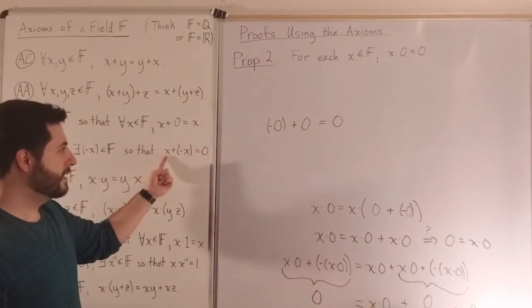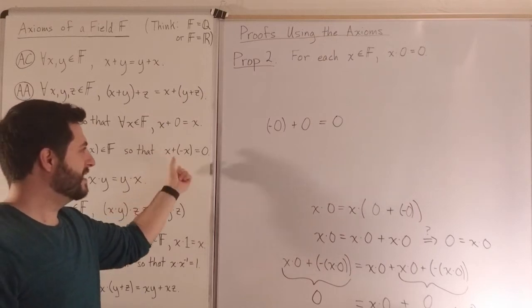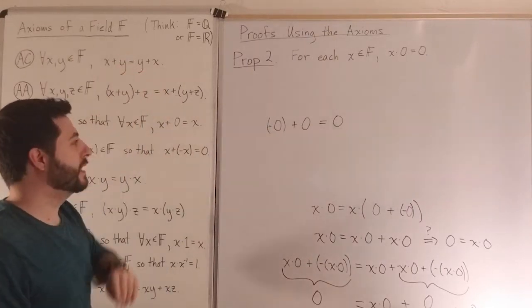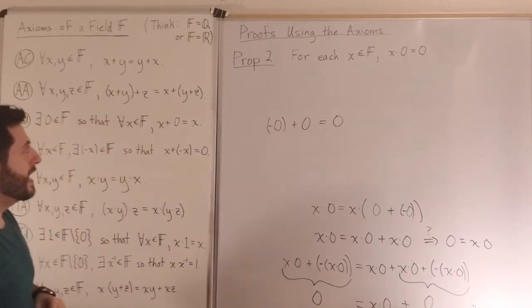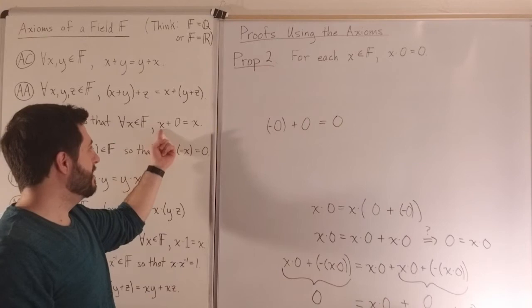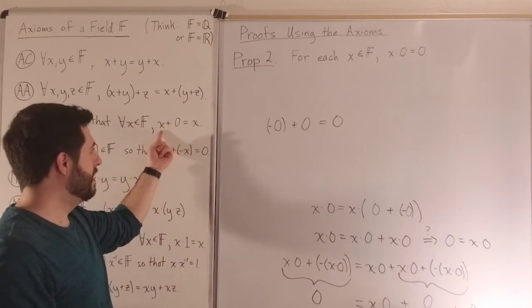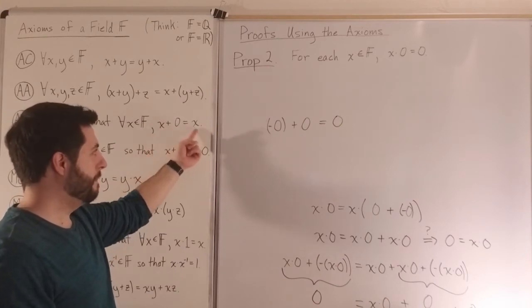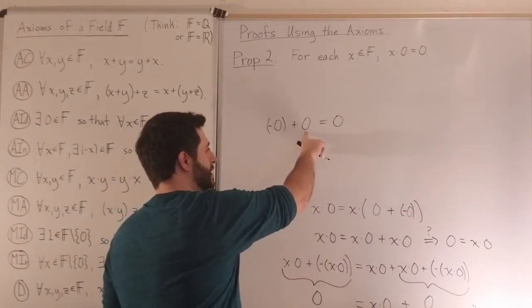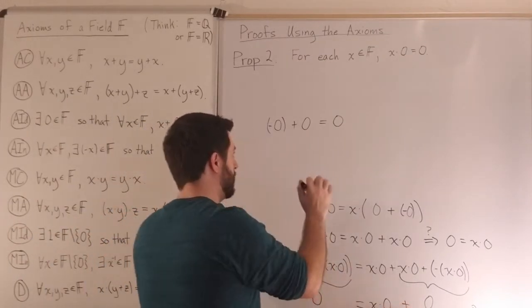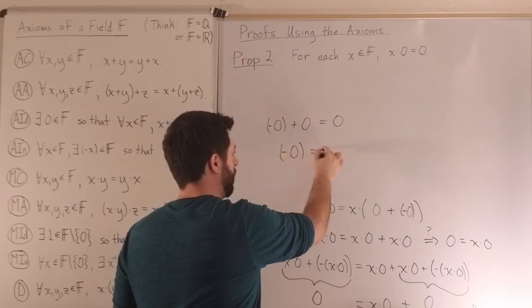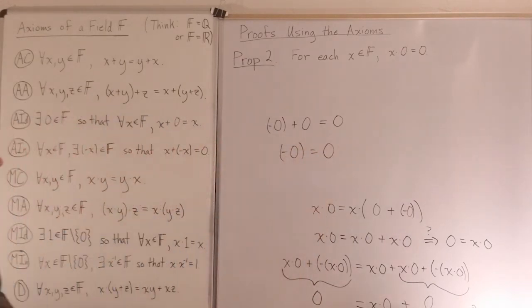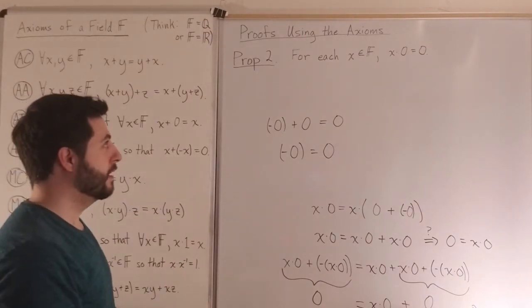Okay, so I'm using x is equal to 0 here. And I've written these things in the opposite order, but that's okay because we have commutativity. Okay, so now I'm going to use the fact that when you add 0 to something, like right here, you get the same thing back. So in other words, this plus 0 can just go away. So the opposite of 0 is equal to 0, just like we want it to be.